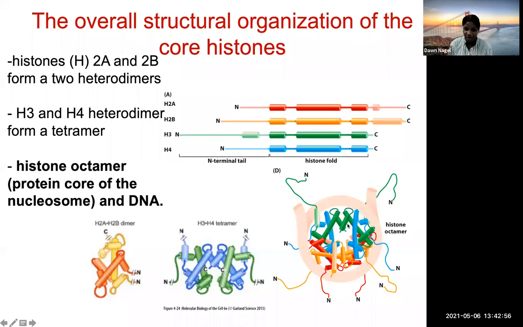These are, again, highly conserved, with very little variation across eukaryotes. If you look between even yeast and perhaps humans, there might be 1 amino acid change between them. That's how conserved these proteins are. What is special about them, and how they're able to regulate the compaction of the DNA, is due to the tails that are sticking out.